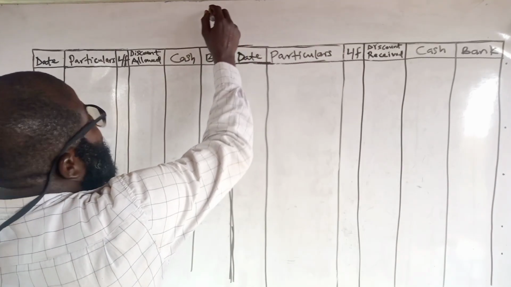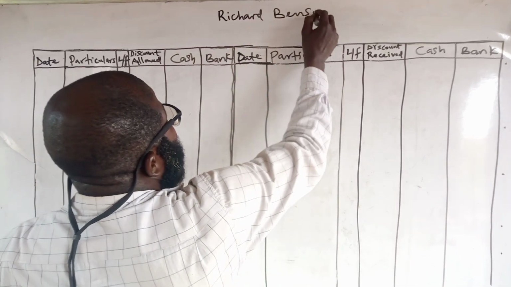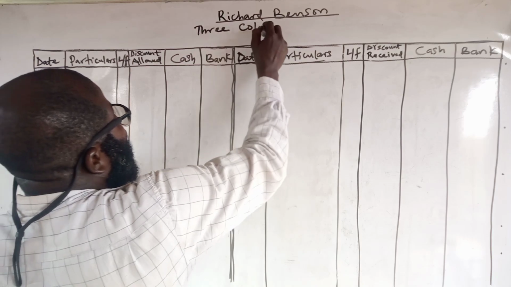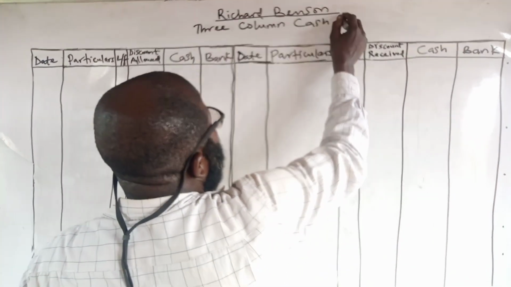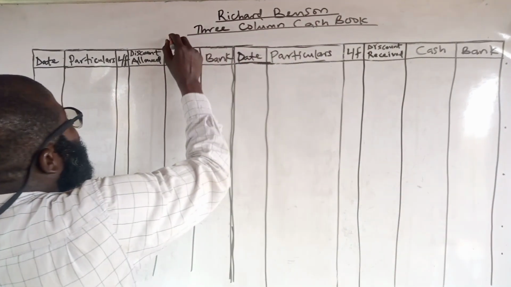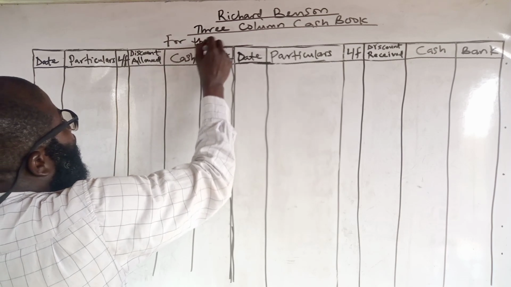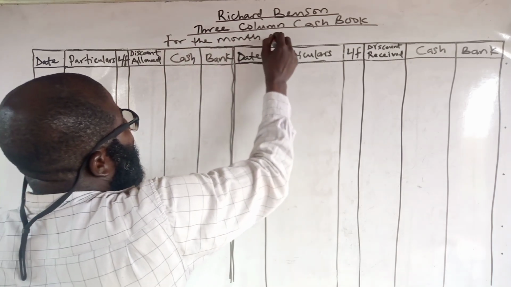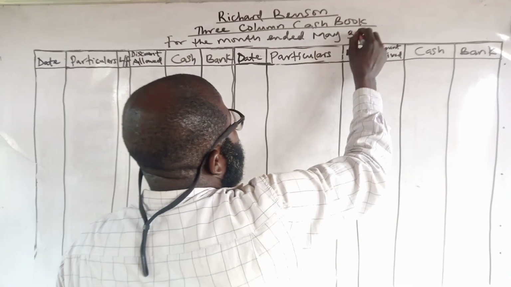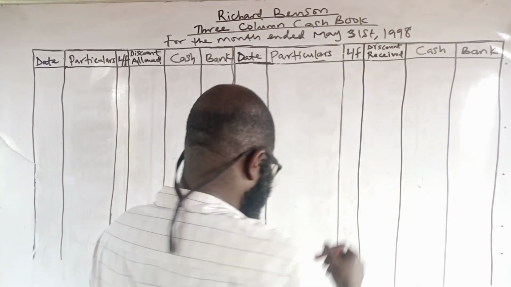Therefore, we are going to have this here: Richard Benson, 3-column cash book, for the month ended May 31st, 1998.